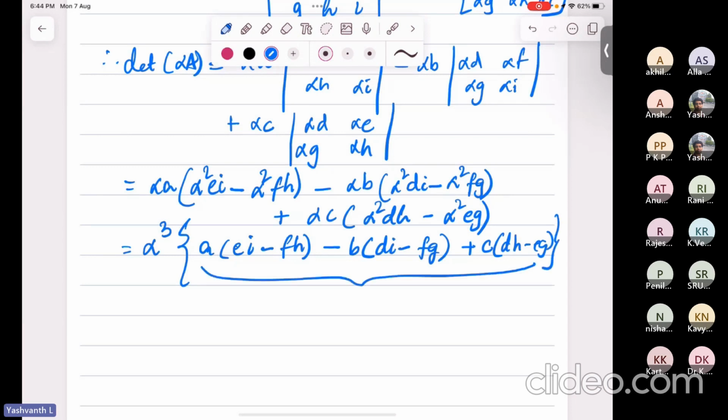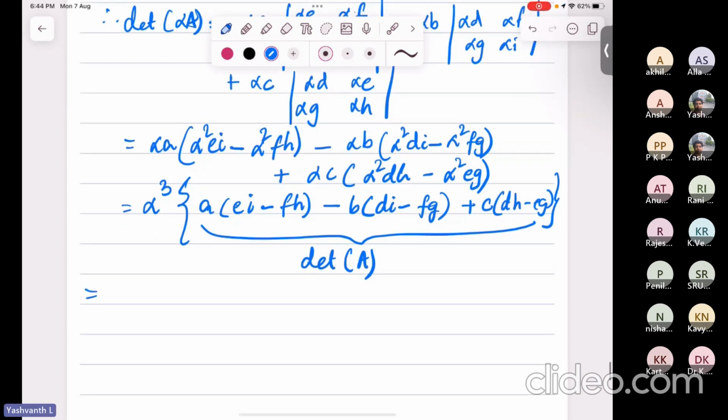Now you can show that this is nothing but the determinant of A itself. So what have we proved? Determinant of αA equals α³ into determinant of A.